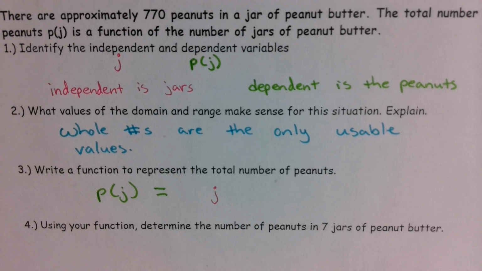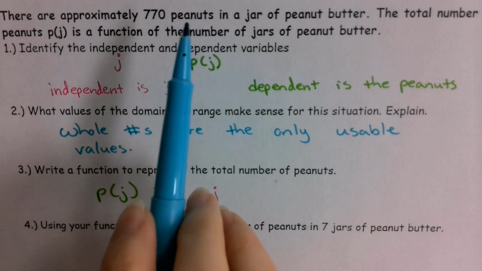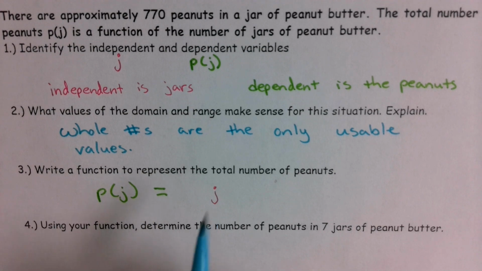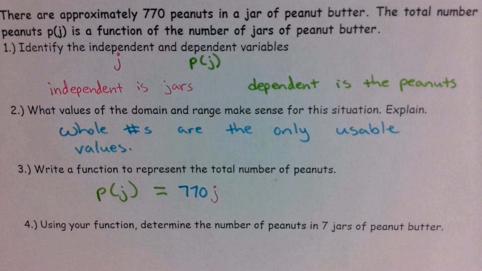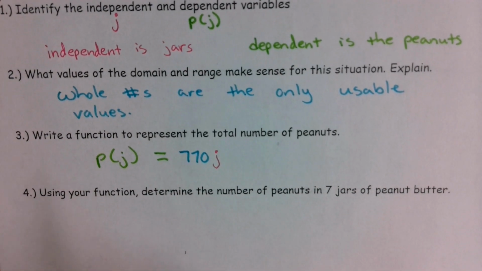Which whole number? Look at the problem. 770, right? There are 770 peanuts to a jar. So if I had 1 jar, it would just be 770 peanuts. But if I had 2 jars, I need to do 2 times 770. Or 3 jars times 770, and so on and so forth. So the function of the jars is equal to 770 times the number of jars.